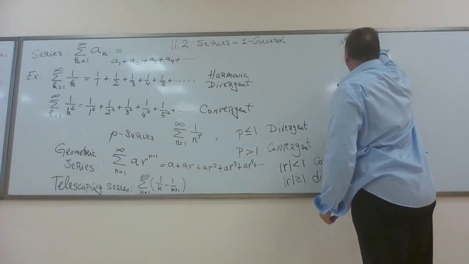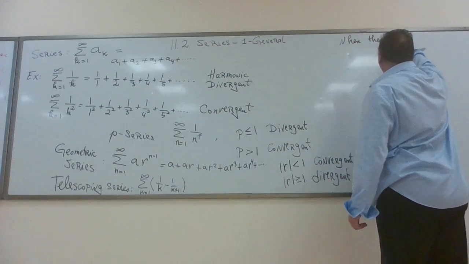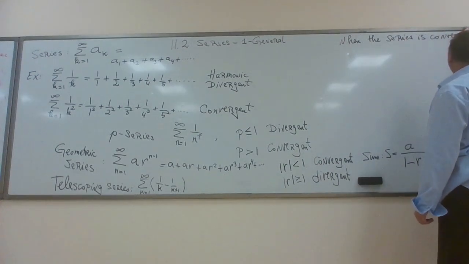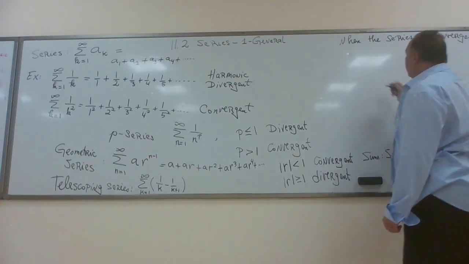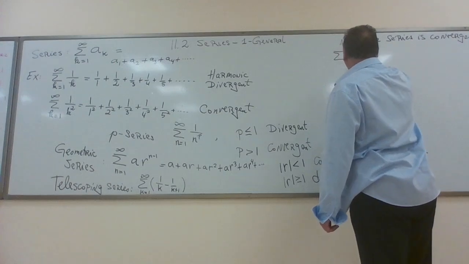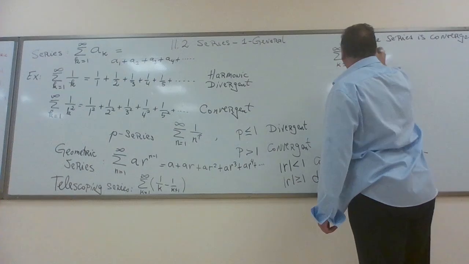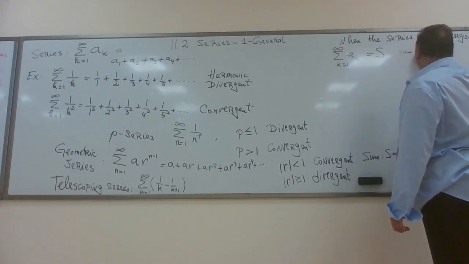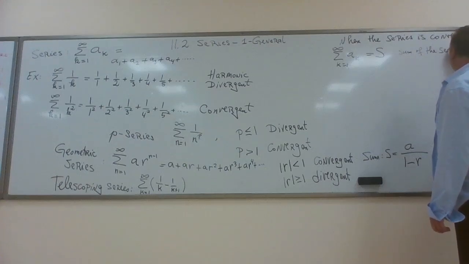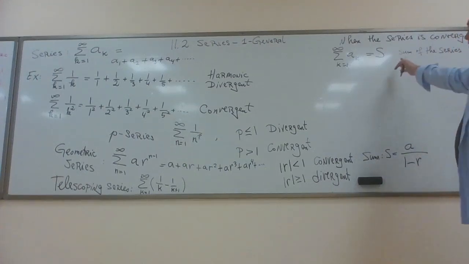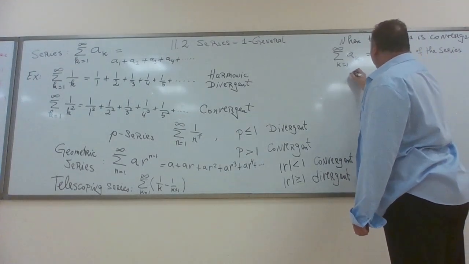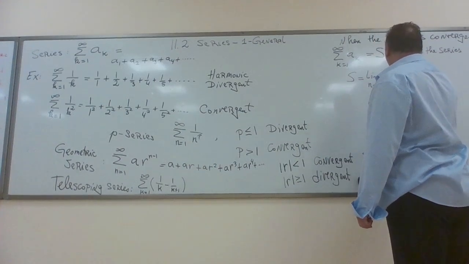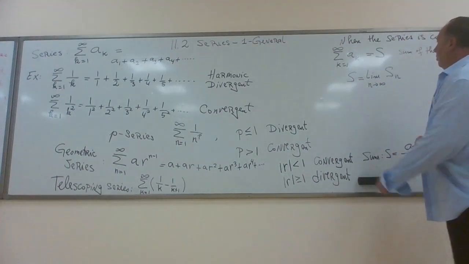So when the series is convergent, the series in question is equal to some number called the sum of the series. And how do we get this sum when the series is convergent? The sum is equal to the limit of partial sums. What is a partial sum?